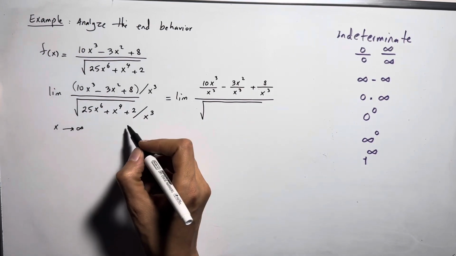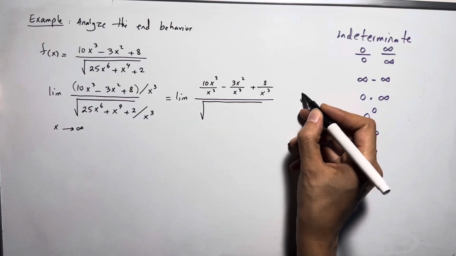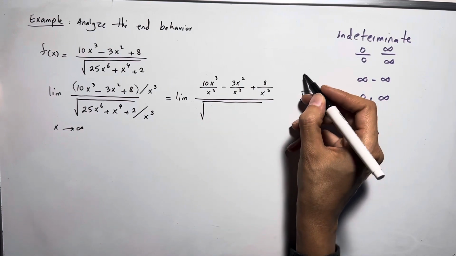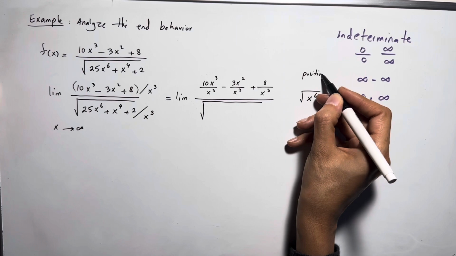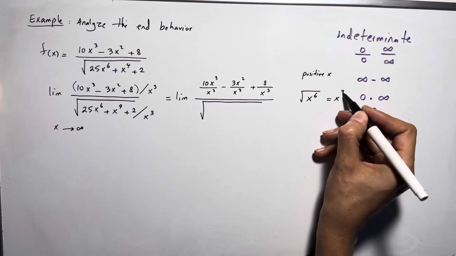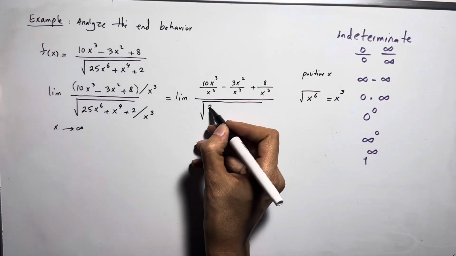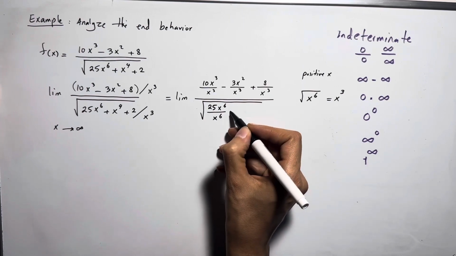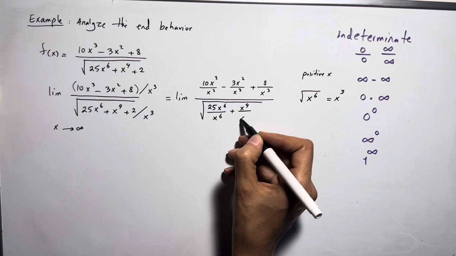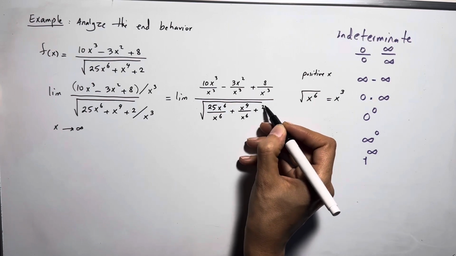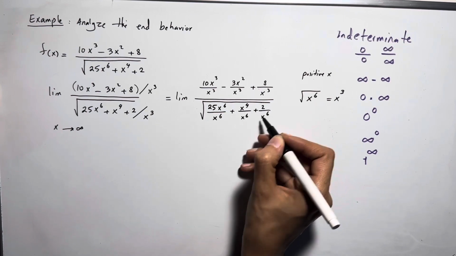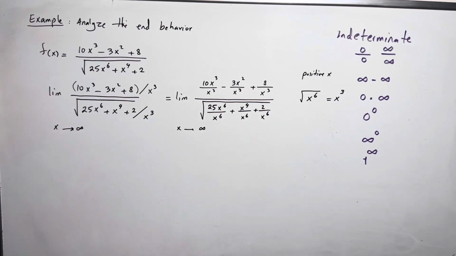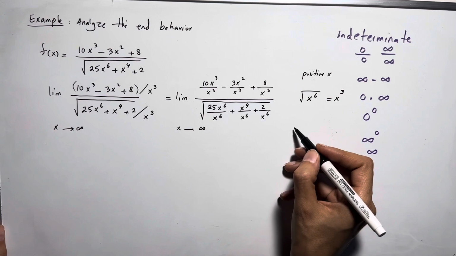Inside the radical is x to power 6, because x to power 6 for positive x values is x to power 3. So you get 25 x to power 6 divided by x to power 6 plus x to power 4 divided by x to power 6 plus 2 divided by x to power 6 as x goes to positive infinity. Now take a look. Simplify as much as you can.